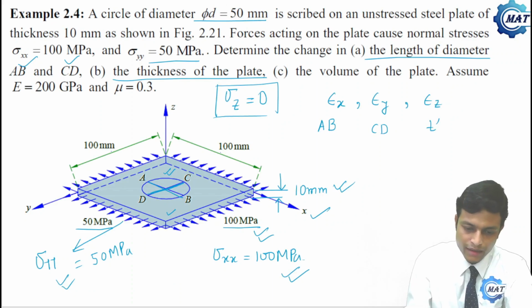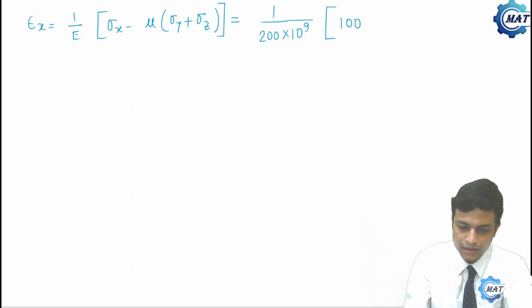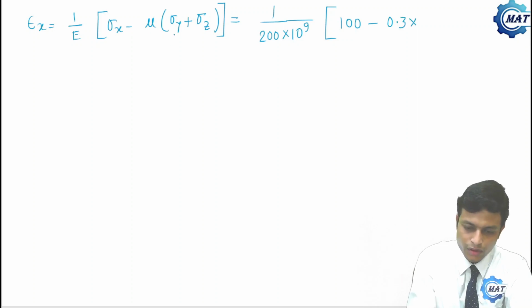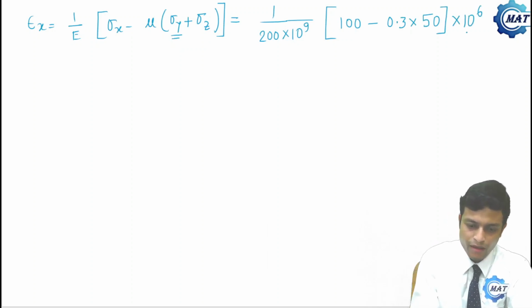What is E? E is given as 200 GPa, mu is 0.3. So 1 by 200 into 10 to the power 9, as it is in GPa, into (sigma x is 100 minus 0.3 into sigma y, which is 50) into 10 to the power 6, because these are in MPa.